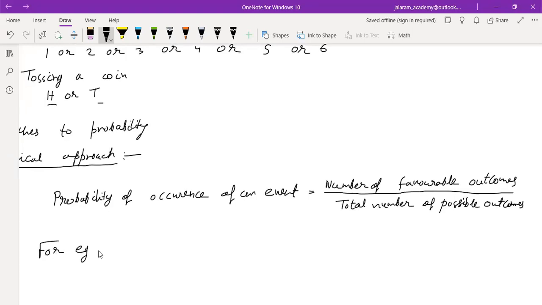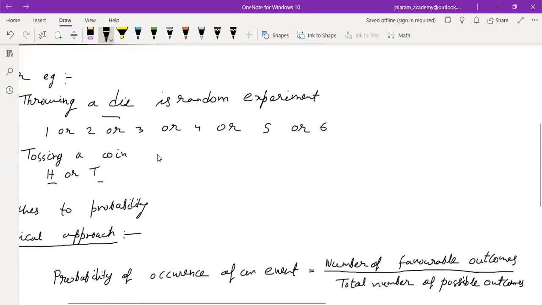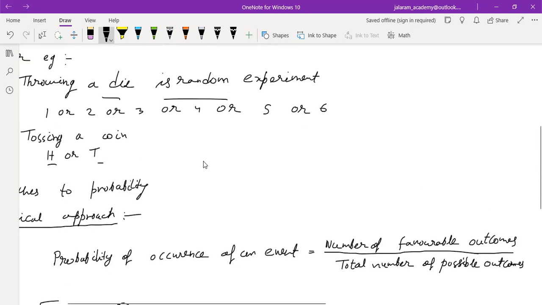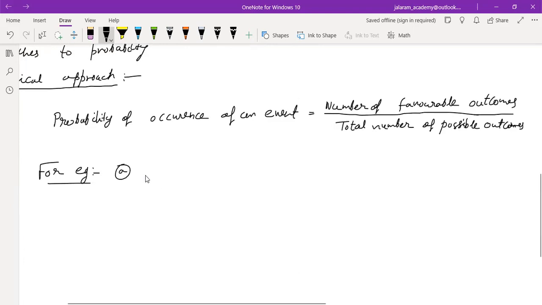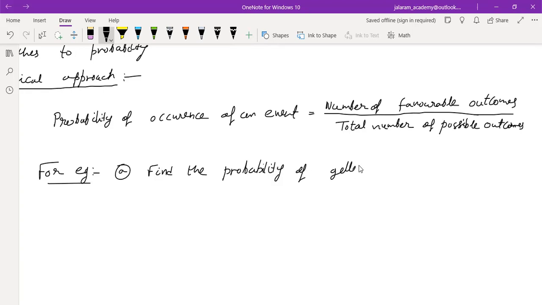For example, if we discuss the experiment of throwing a die, find the probability of getting 2 in throwing a die.